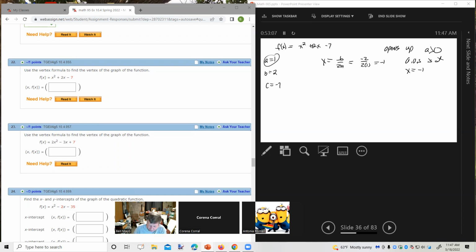All right. Now, it does ask for the vertex. Do we know the x value of the vertex yet? Yes. What is it? -1. Good. How do we find the y value? Using the formula and plugging in -1. Okay, so do that.